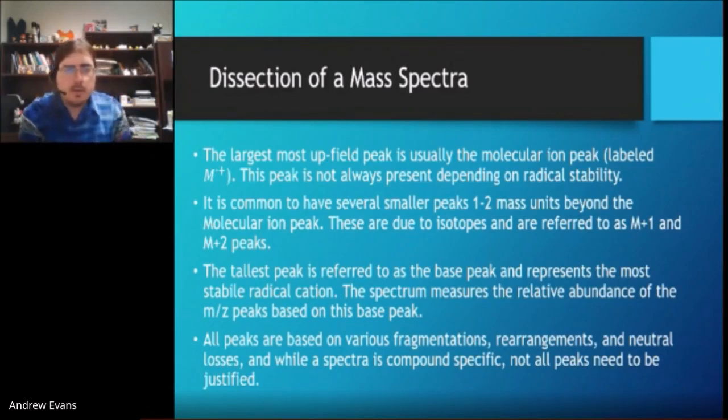And while all peaks are coming off various fragmentations and rearrangements and neutral losses, these spectra are always compound specific, but not all peaks need to be justified. Whenever you can justify a peak, that helps support a structure, but it doesn't always need to be explained.